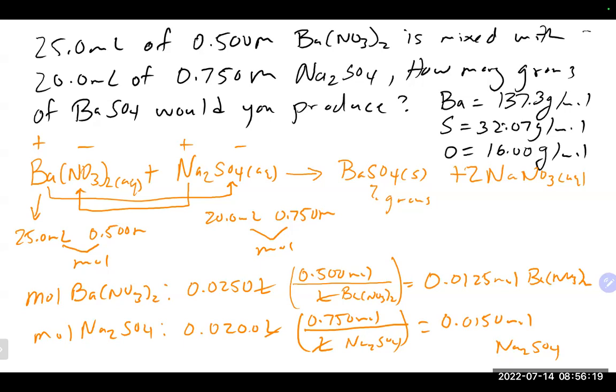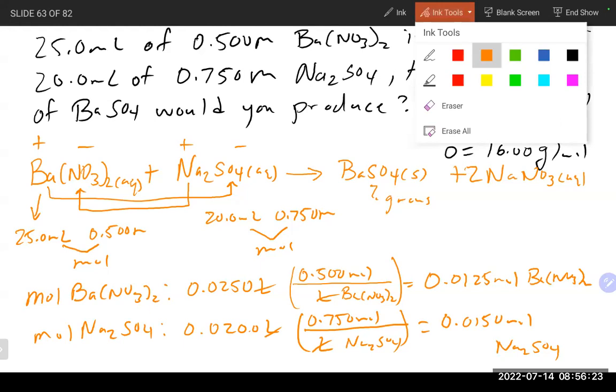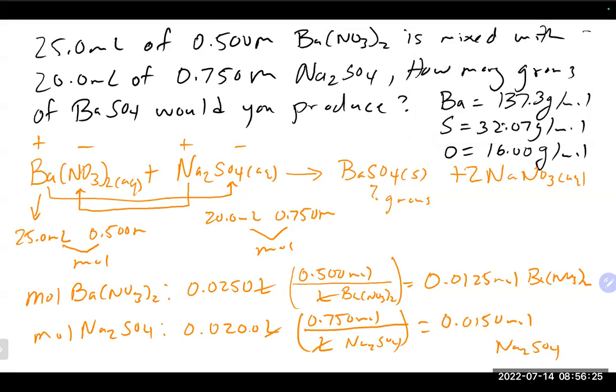So because it really is a limiting reagent problem, I'm going to do the ice table approach. Again, you could use a different approach if you like that better. So I'm going to go to the next page here and do that, I think. So we have rewriting this guy here, barium nitrate, plus some sodium sulfate.